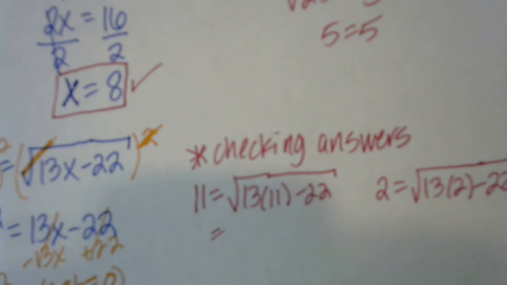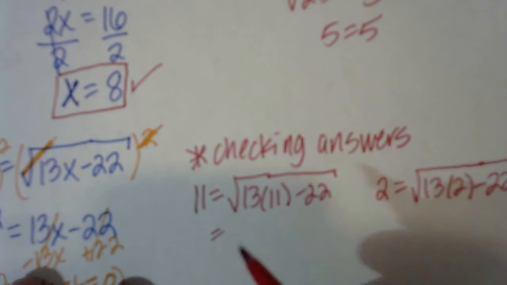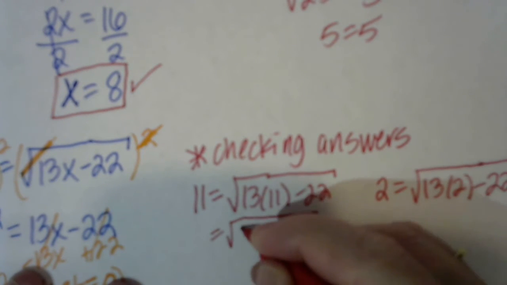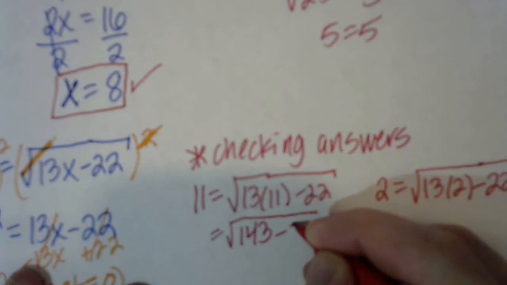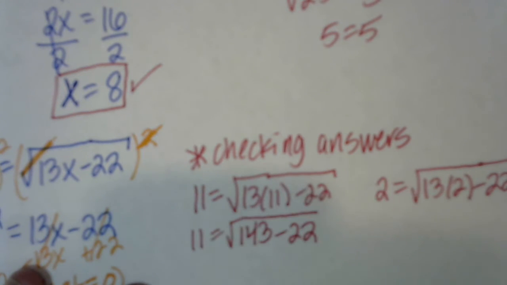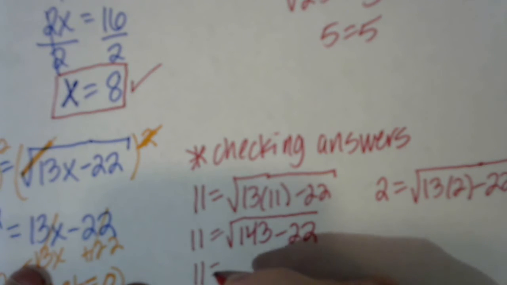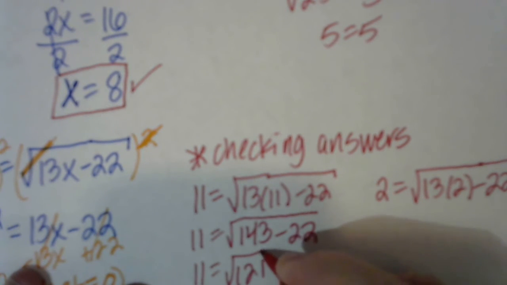Well, 13 times 11 is 143. Minus 22, which is 121. And I know that that works.